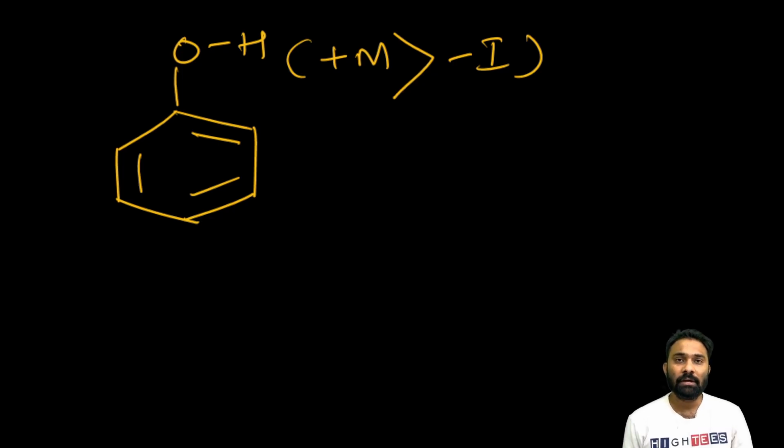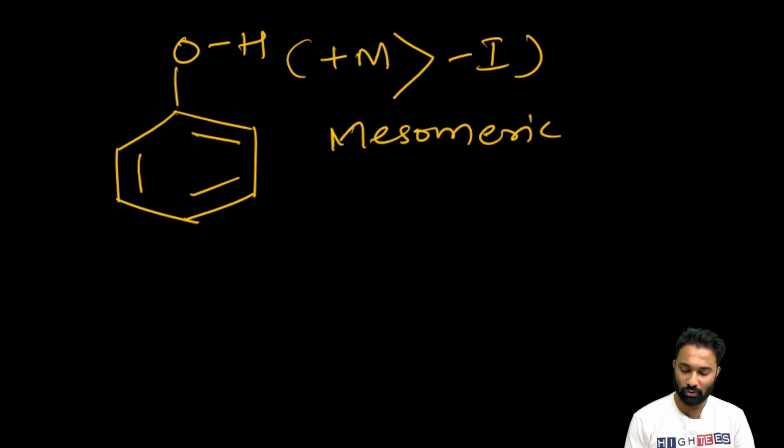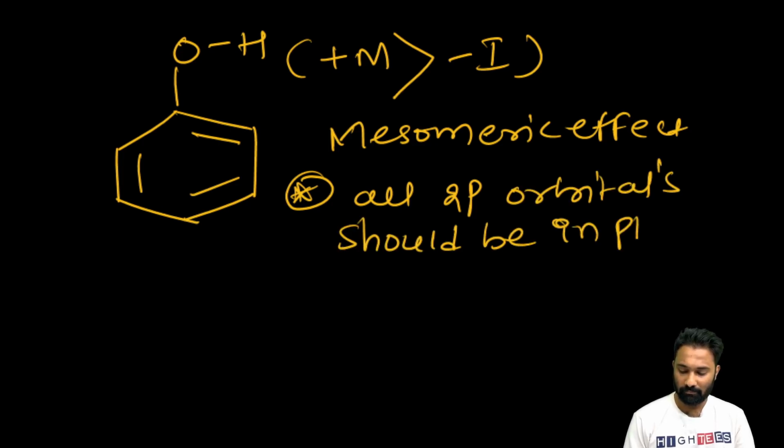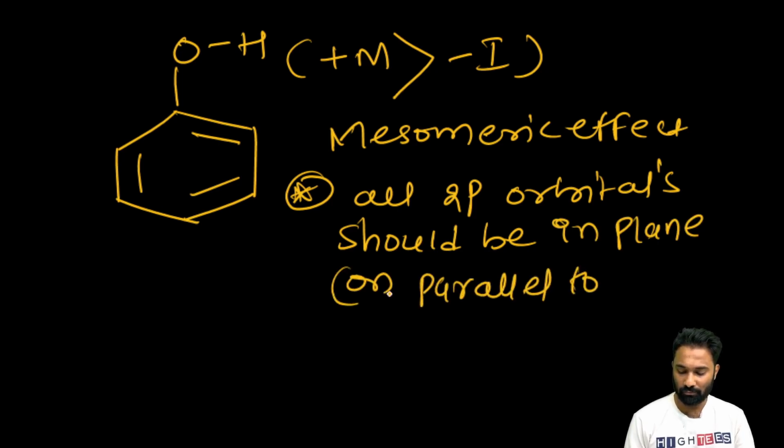Now listen. For the mesomeric effect to show, what is the first condition we have? The first key point: all 2p orbitals should be in plane, or parallel to each other.